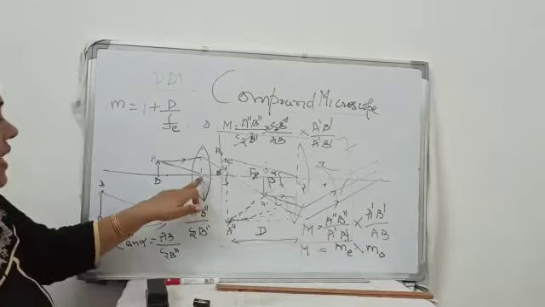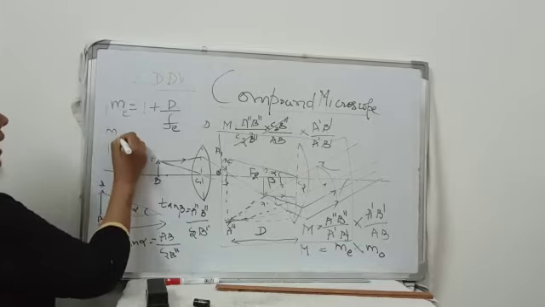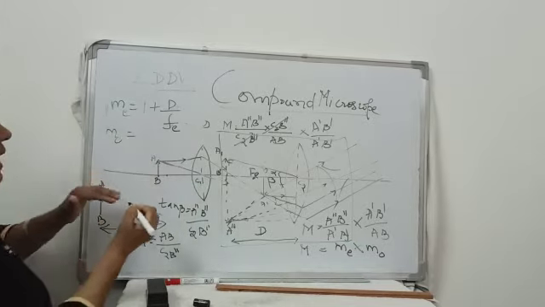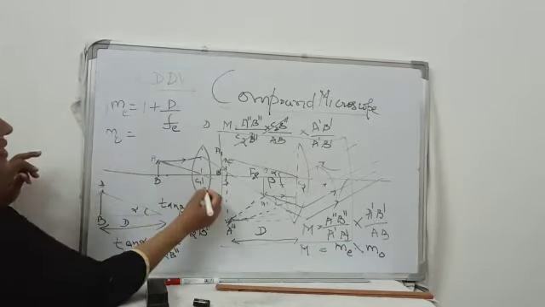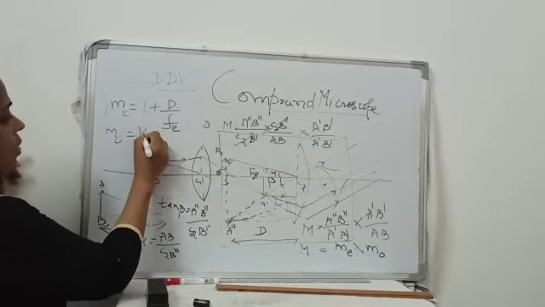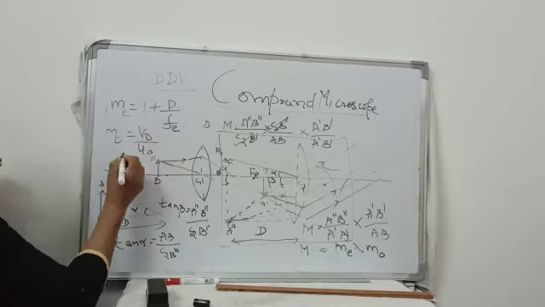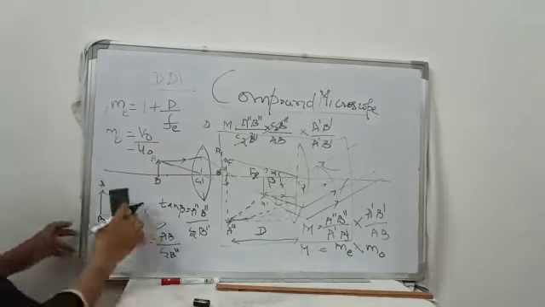But what is MO? MO is the magnification of the objective lens. MO is image distance by object distance. So this is the image distance, you can name it as VO, and this is the object distance. We name it as UO, and we put a negative sign over here.